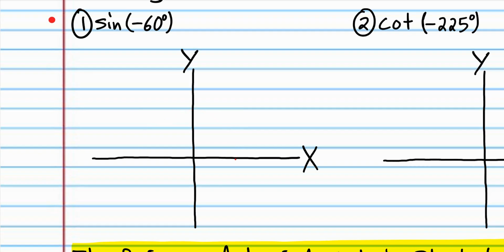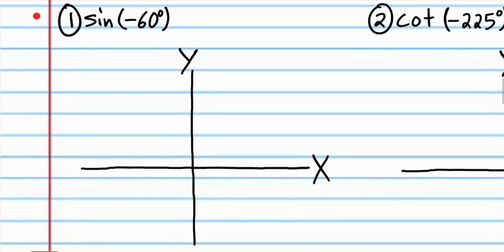But now we have a negative angle measure, so now we rotate clockwise. So positive angle measure is counterclockwise, negative angle measure is clockwise. And all of the principles that we learned in the previous class apply. We're just rotating in the other direction.